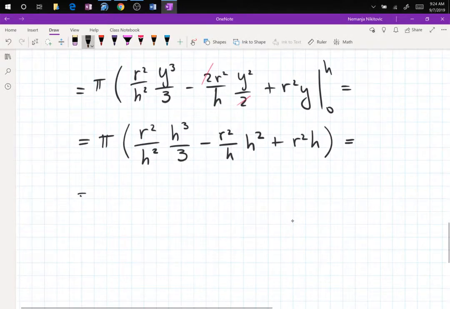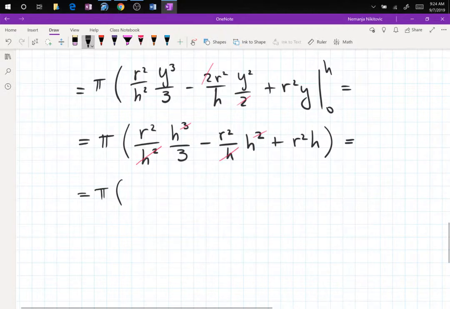So now we have pi, cancel what you can. H squared will kill the cube, and you just have h over there. The square kills the h over here, and that's it.